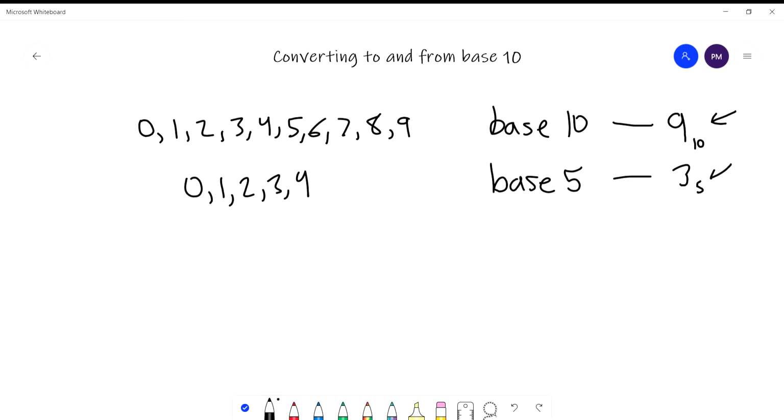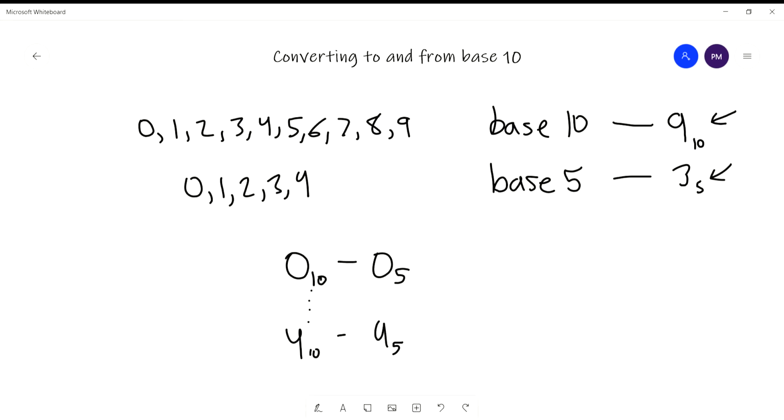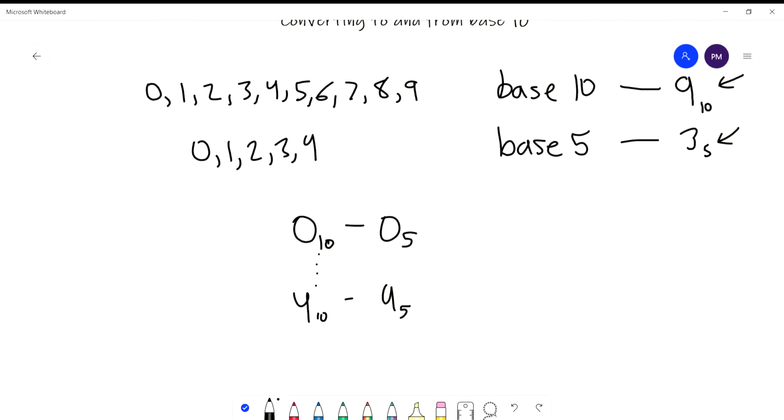So then the person who's reading this knows that we're talking about it in base 5. So basically, 0 in base 10 is the same thing as 0 base 5, and the same thing for 0, 1, 2, 3, and 4. So 4 base 10 is still 4 base 5 because base 5 still has 0 to 4.